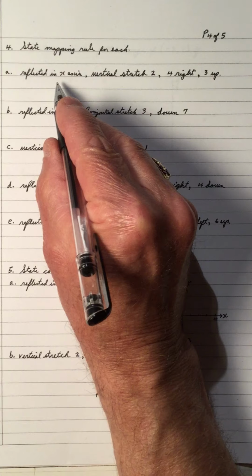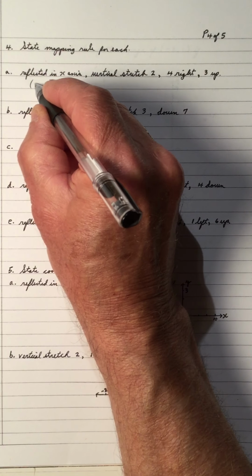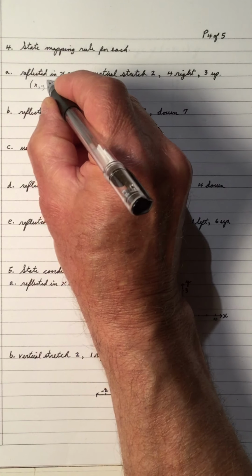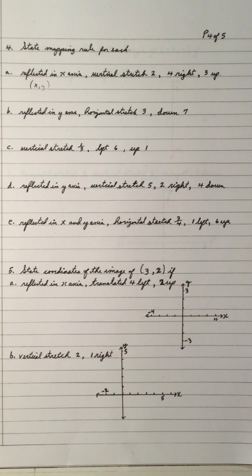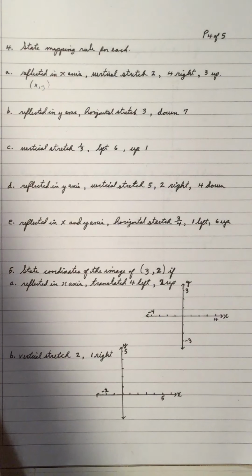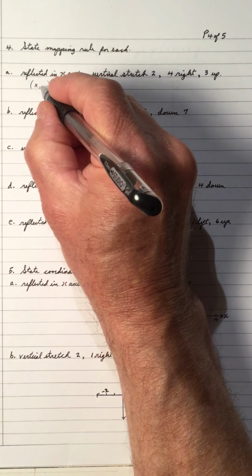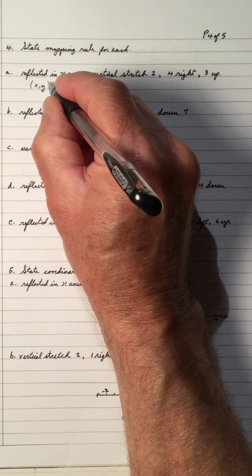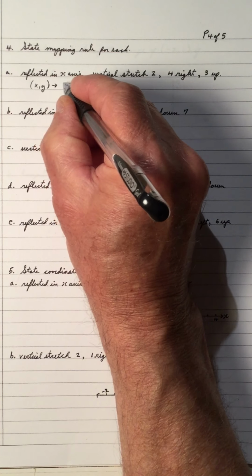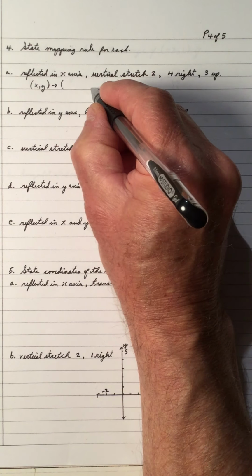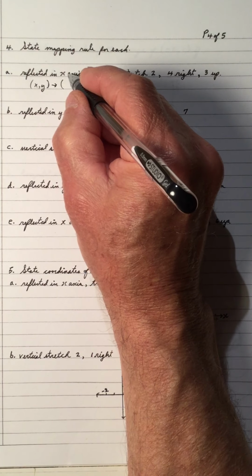So it's reflected in the x. Let's deal with the x first. So we got an x comma y. Oh, the pen is not working. Okay, here we go. So there's the mapping rule coming. Reflected in the x.